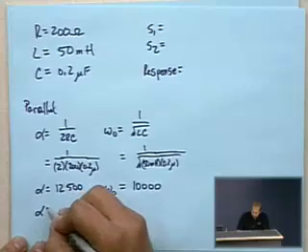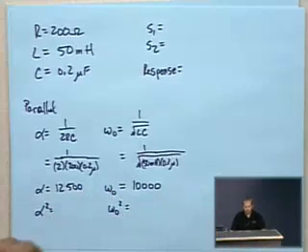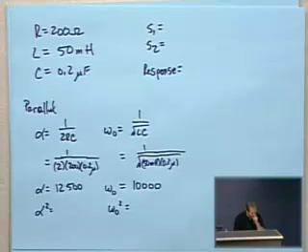It's often useful at this point to just go ahead and calculate what alpha squared and omega naught squared are, so that you can compare them more directly when you start thinking about the roots. So let's see, alpha squared, 12,500 squared, is a very large number.